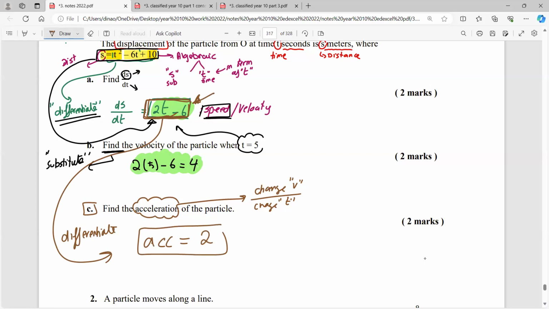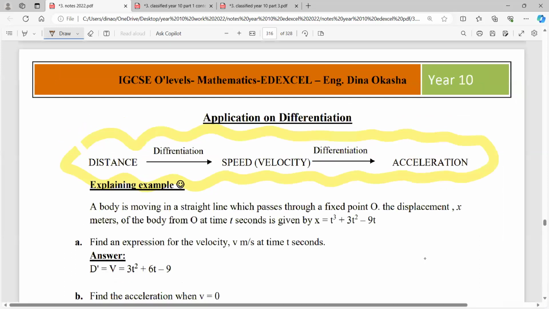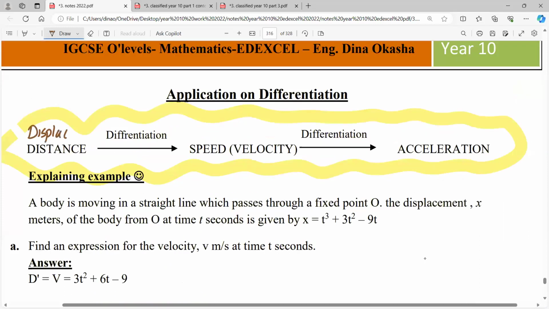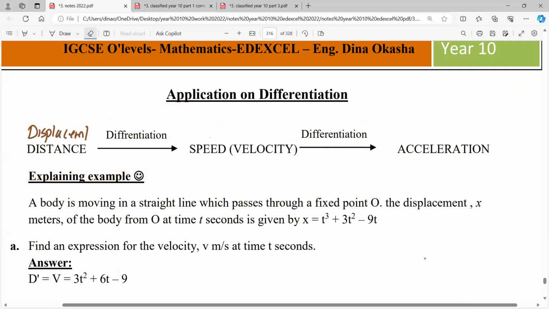So what am I trying to say? What I'm trying to say is that if you are given distance, or in other words, displacement, differentiate it, you get speed. If you have speed, differentiate, you get acceleration. Okay? Now the following question: is it possible for the examiner to give me distance or displacement and ask for acceleration directly?